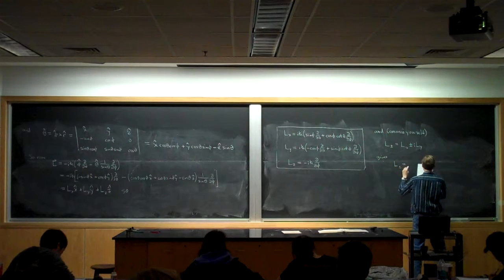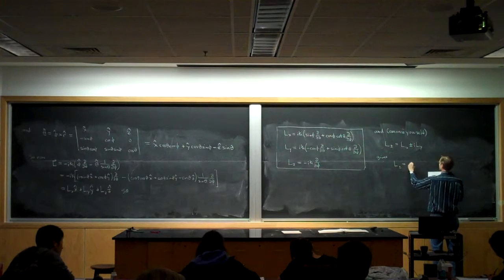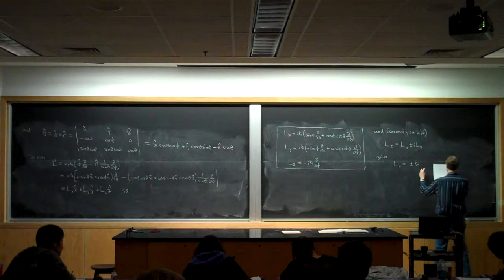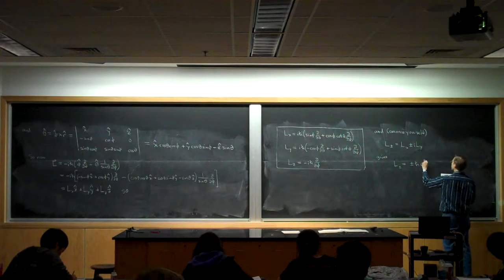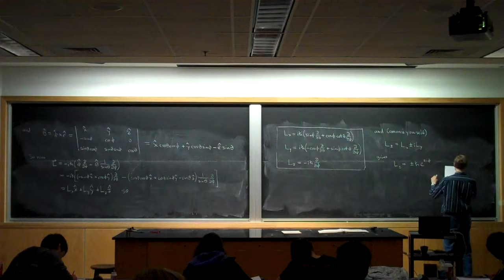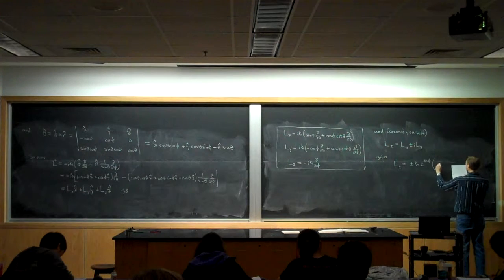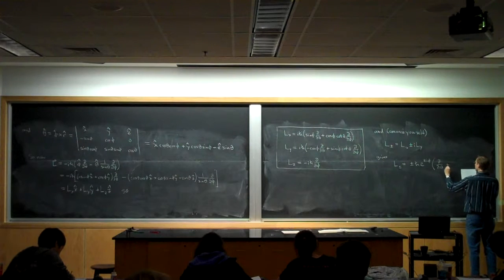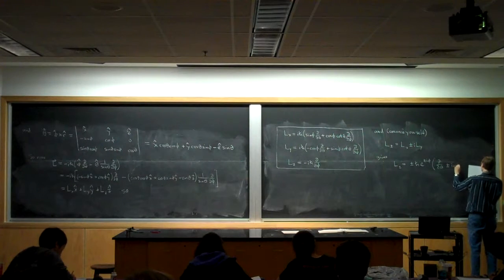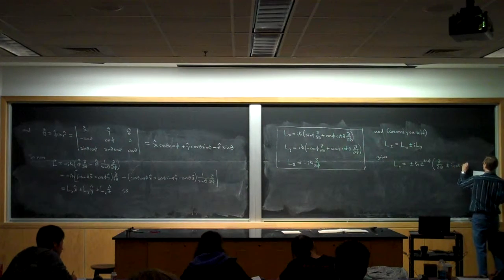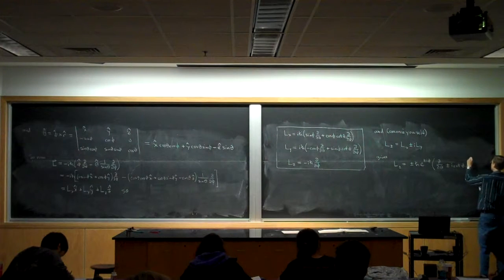What you get is that L plus or minus is plus or minus h bar e to the plus or minus i phi times d/d theta plus or minus i cotangent of theta d/d phi.